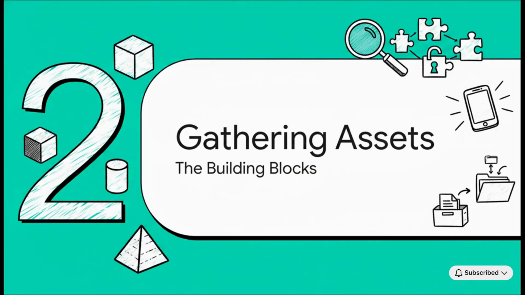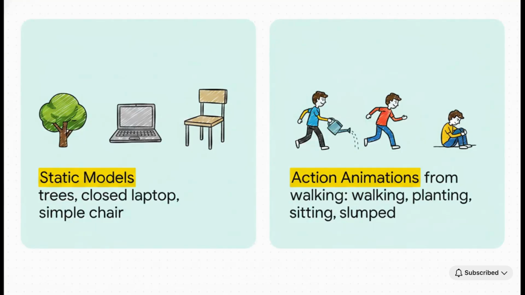Moving right along to step 2, gathering models and animations. These are our building blocks. So before we can animate, we have to hunt down the right digital puzzle pieces to actually construct our world. The creator smartly divides this asset hunt into two clear categories: static versus action. For static models, the environments, the props, the textures, the creator heavily utilized Sketchfab.